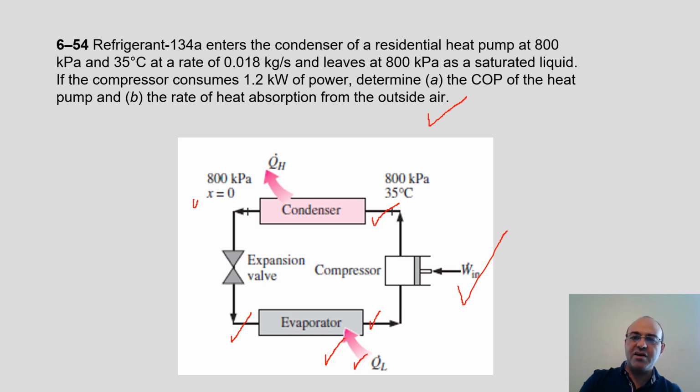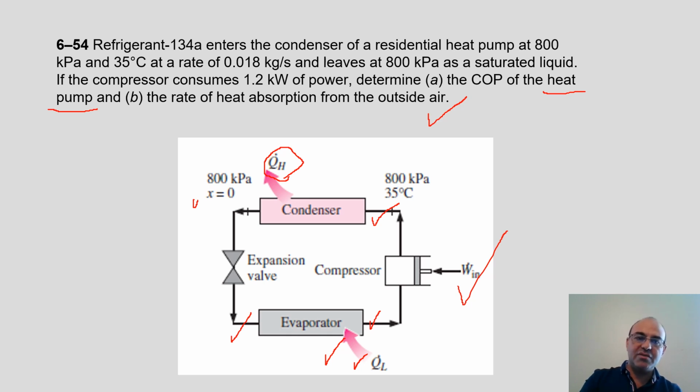First of all, we are using it as a heat pump. So the desired output here is Q dot H, as the COP of a heat pump has to be used. The purpose of using this equipment is to provide this Q dot H, for instance, to a heated area.